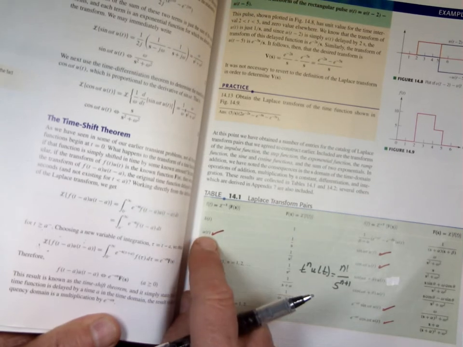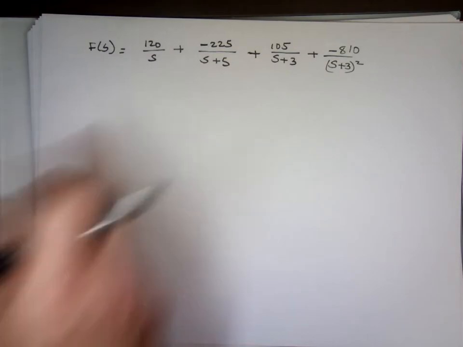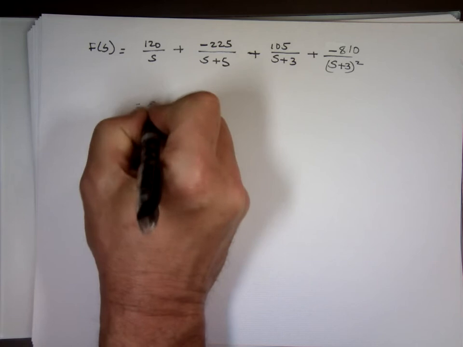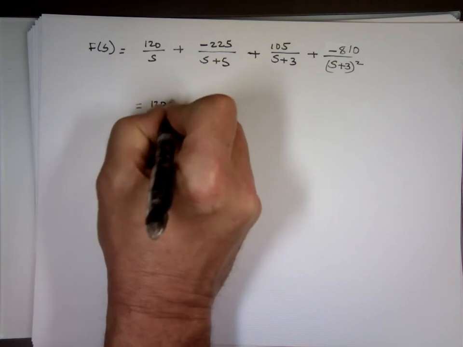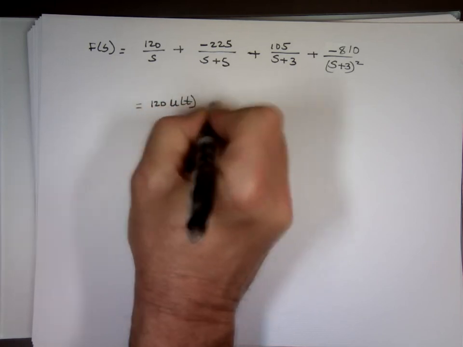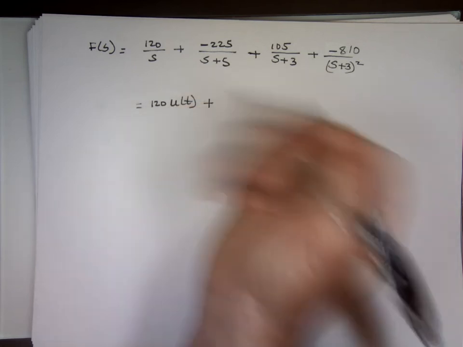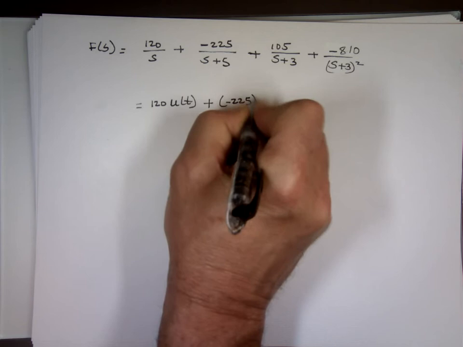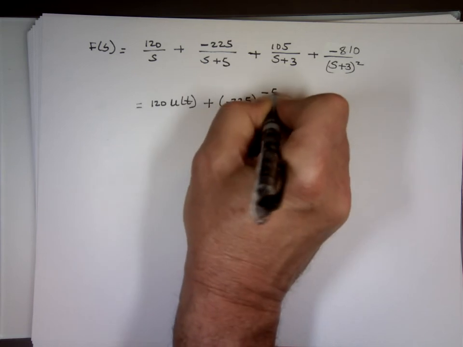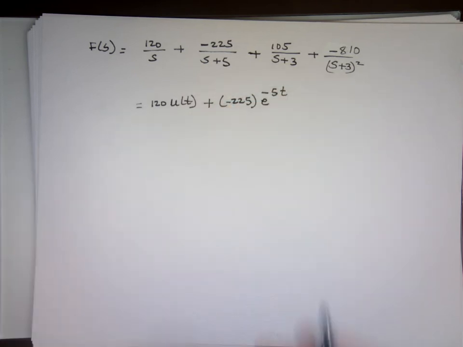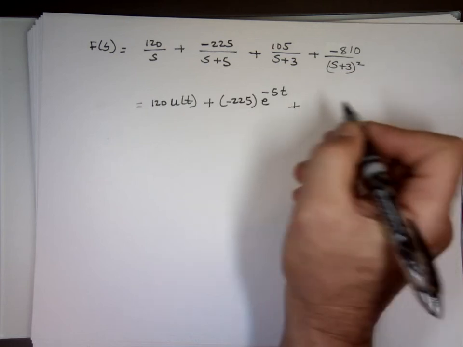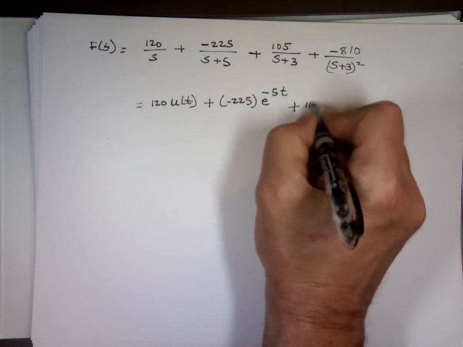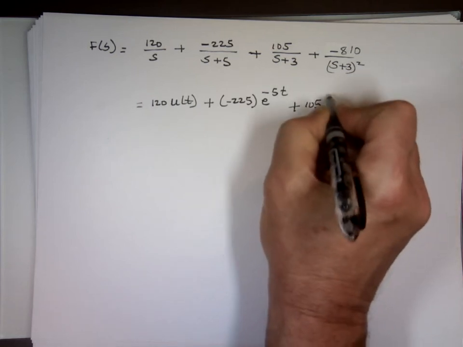So this will be 120 u sub t. I don't know why I put a plus, it should be a minus here. Negative 225 e to the negative 5t plus 105 e to what? Negative 3t. Now this is a little bit different.